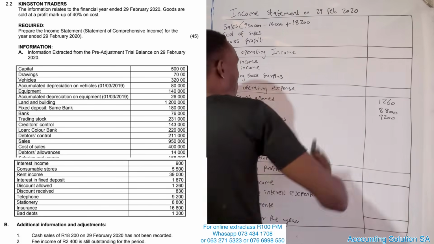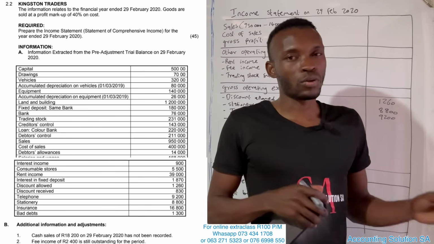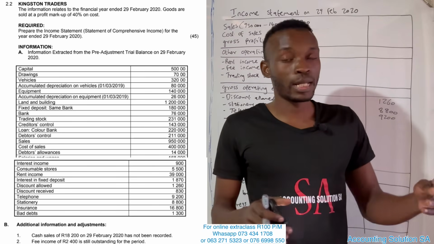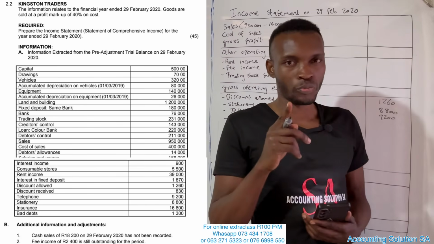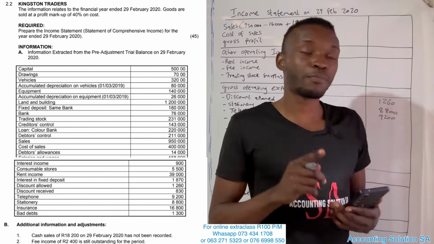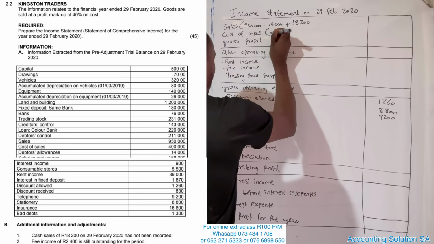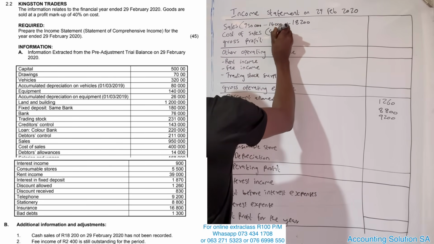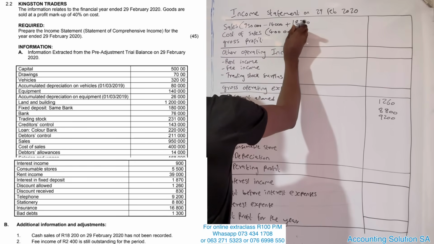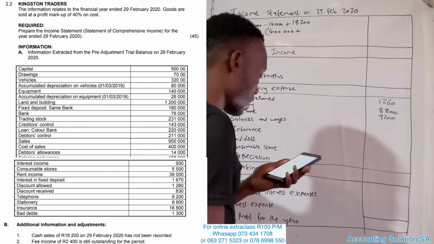However, whenever you record a sale that was not recorded, you must also adjust cost of sales. That's where the markup applies. Remember, they gave us a 40% markup. Firstly, copy the cost of sales given on the trial balance, 400,000. After that, you must add the cost of sales of those goods.